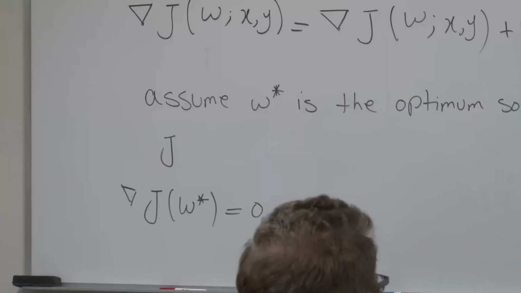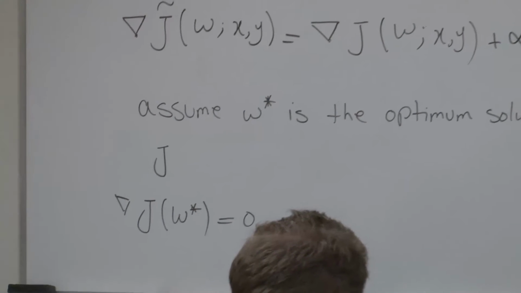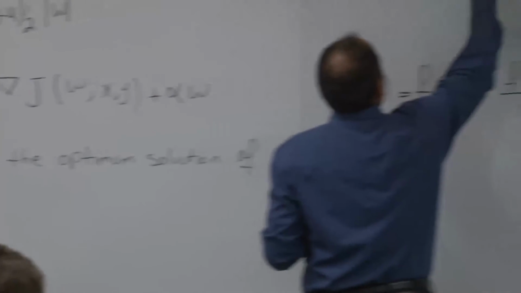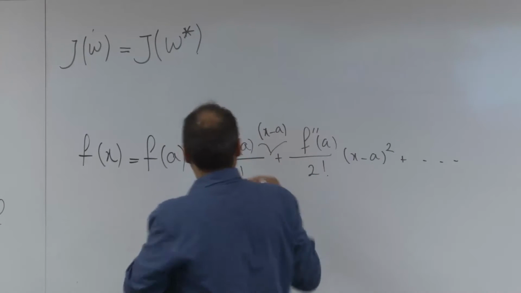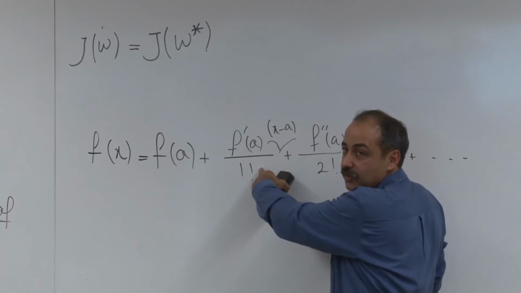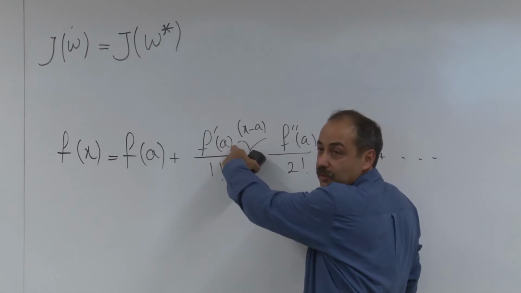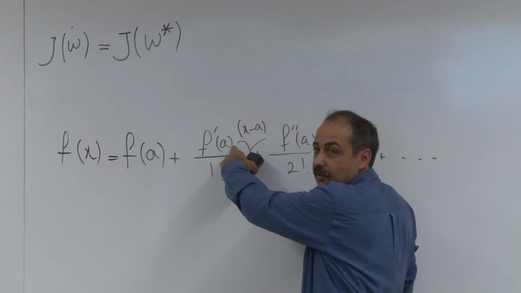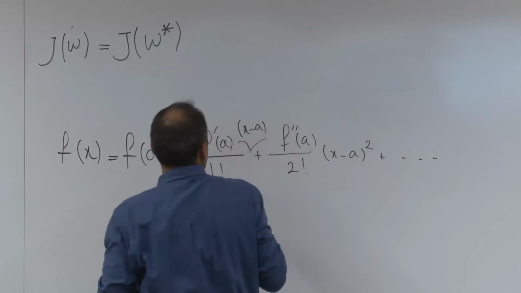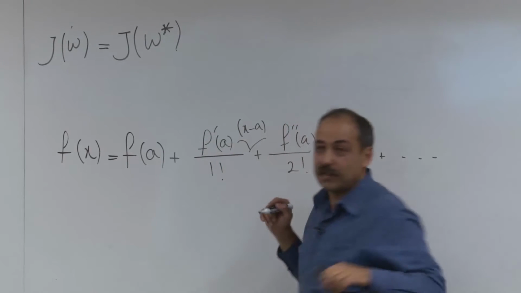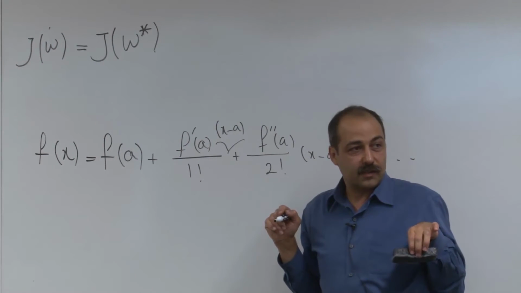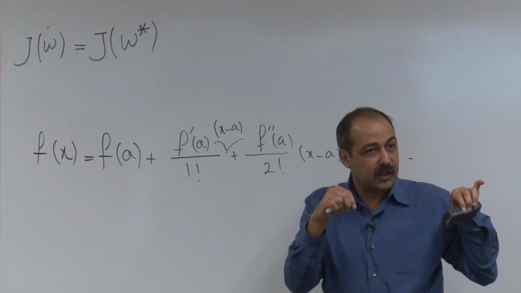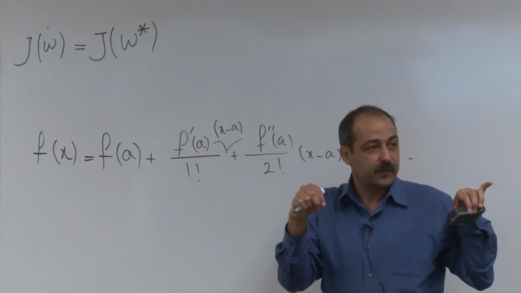So if I write this expansion, I have a term J(w star), then I have the derivative of J at point w star, which is 0. So the second term would be 0, because it's the derivative of the function at point w star, and I assume that w star is my solution.